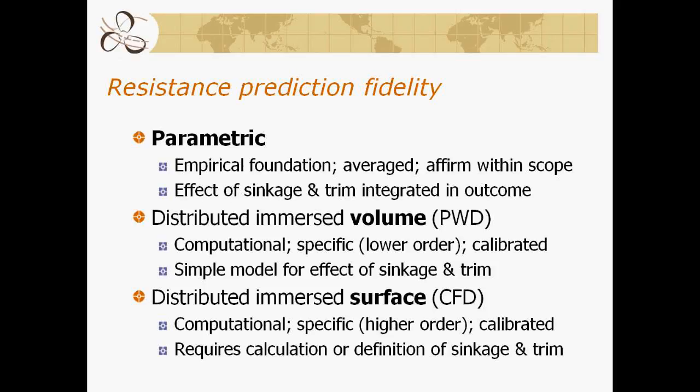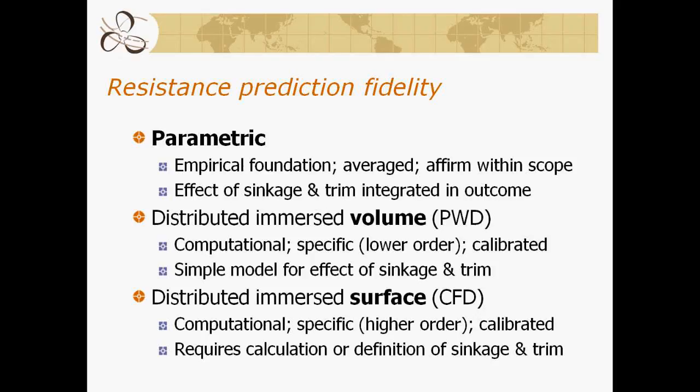Now, the distributed immersed volume method is computational. It's specific to a geometry, but is a lower order specific, the volume. And it's important that it be calibrated. Now, the calibrated part is something that one must accept, that there is calibration and validation against empirical tests to ensure that the computational outcome is valid.